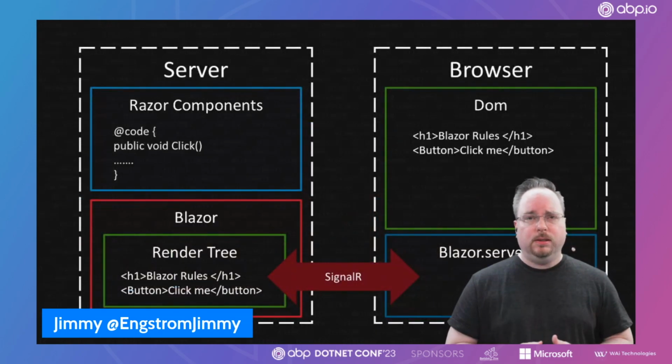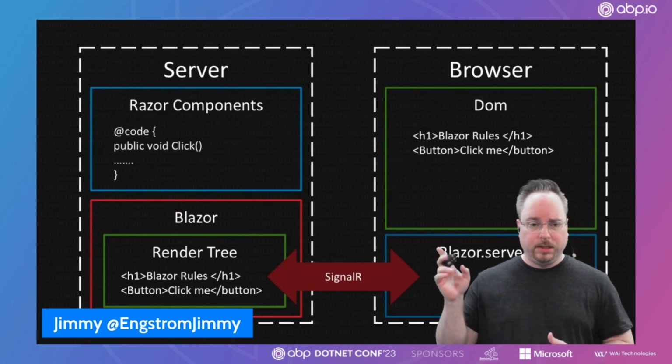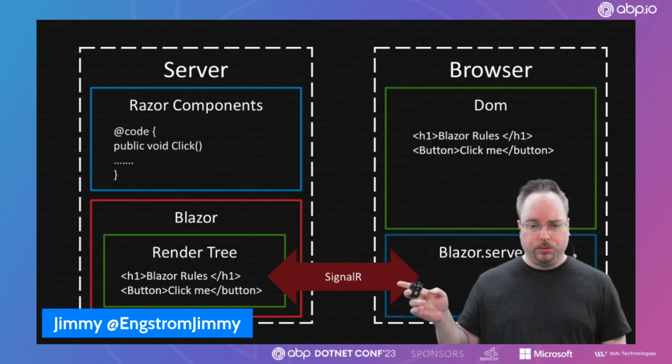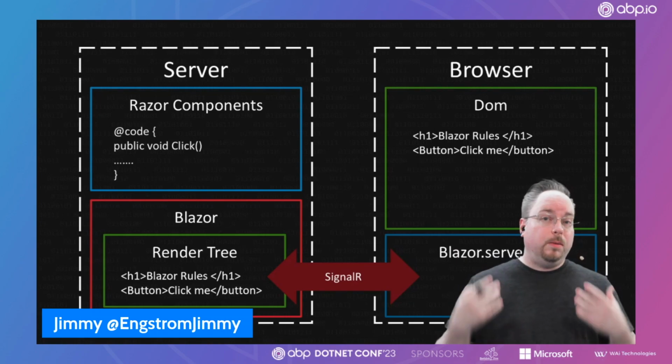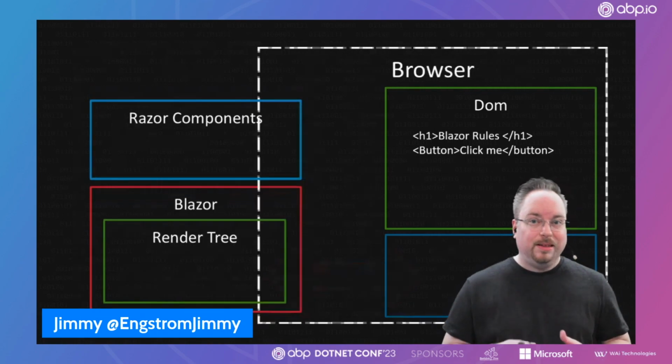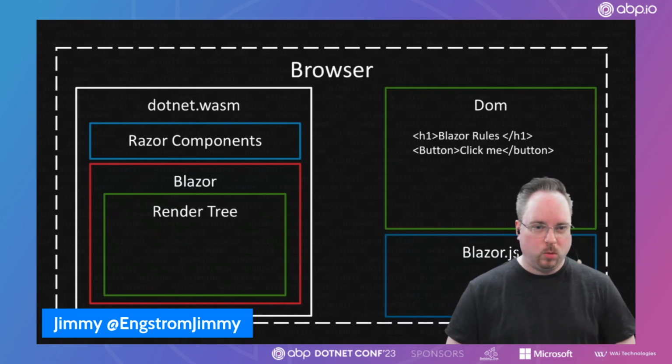So let's look at the slide of Blazor Server again. We have the Razor component, the Blazor render tree and SignalR, a little piece of JavaScript, and the DOM. With WebAssembly, the only difference is really where things are running. We're not running on the server anymore.